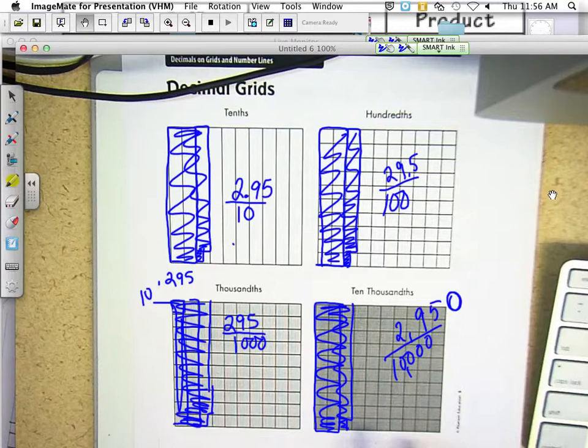This is easy. It's over 100. Anything over 100, you change right into a percent, right? So this one's over 100, so this one will just be 29.5%. Did I shade the same amount here? Yeah.